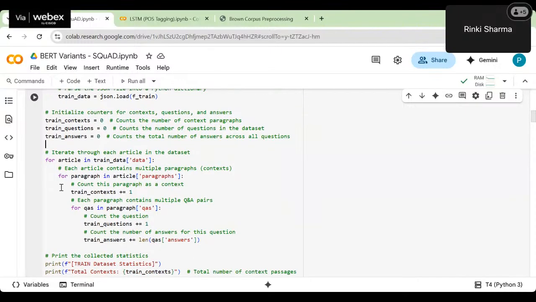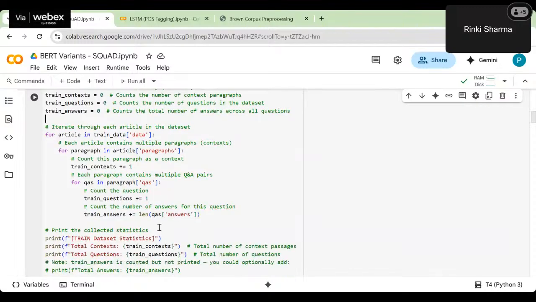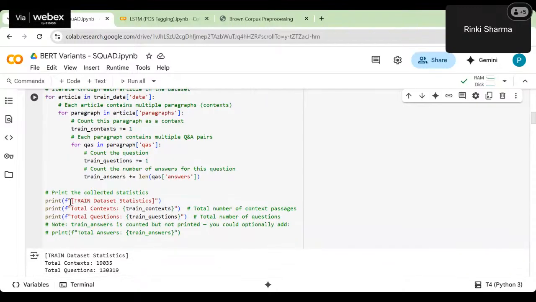For counting the dataset, the data is in the format of data, then paragraphs; in the paragraph, the context; the qas tag in the data is for the questions, and the answers tag is for the answers. So we count the train context, then questions, then answers, and this is how we print the dataset.